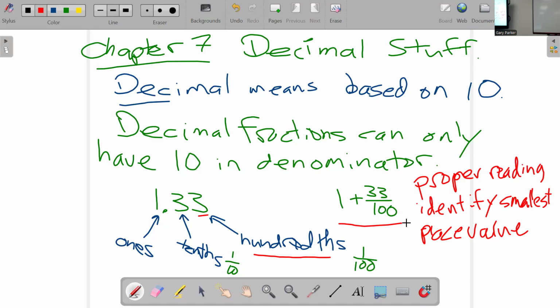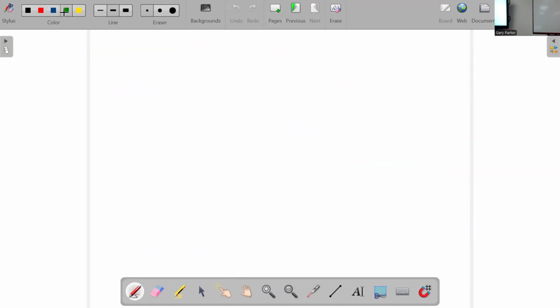Big idea number 1. The idea of decimal could be a number bigger than 1, or it could be a number less than 1. So let's just look at some place values. So we've gone over before last term our ones position, our tens position, our hundreds position. And then in the last couple hundred years, we've put a decimal point right there.